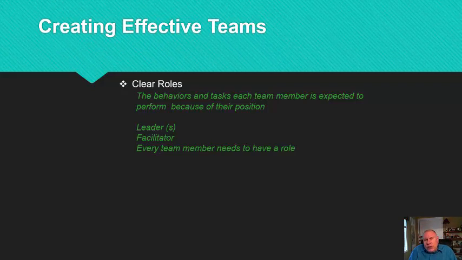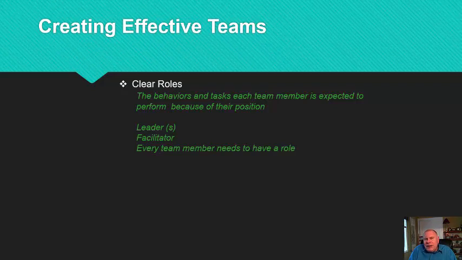The difference between a leader and a facilitator is that a facilitator focuses on process, not so much about leading. And a lot of times on some teams, a facilitator can't be involved in the detail of what's going on.